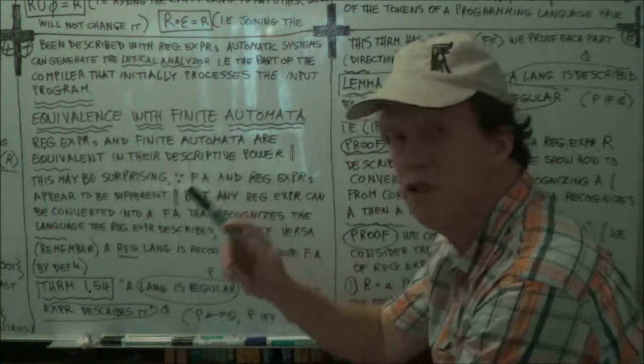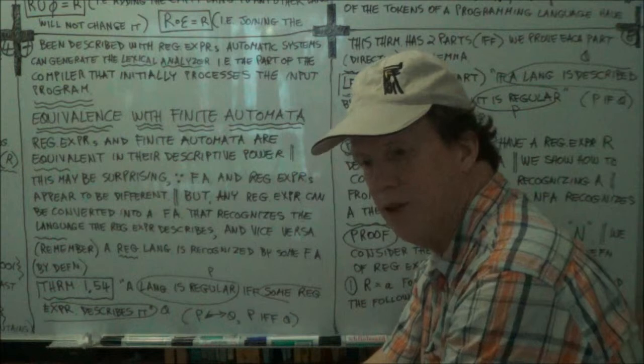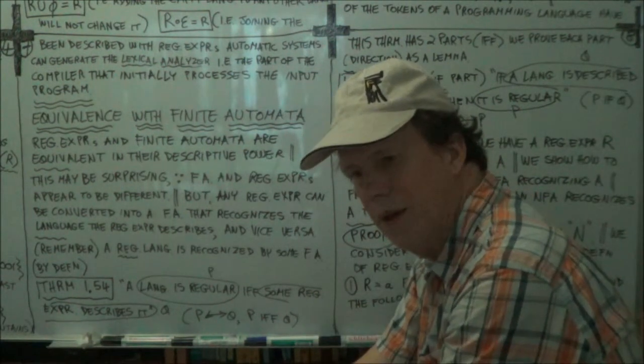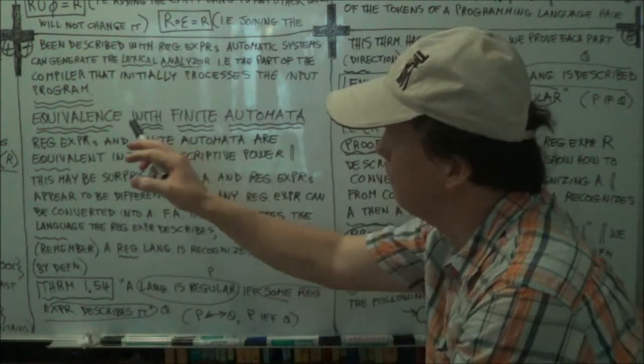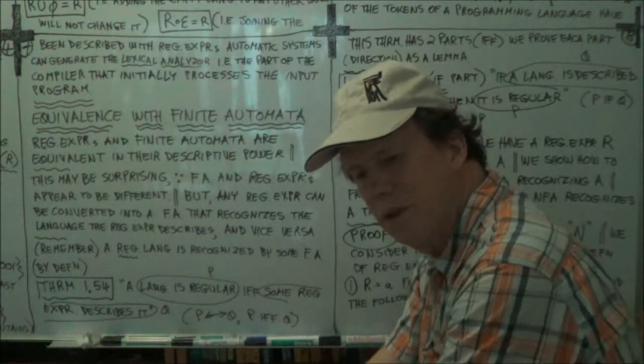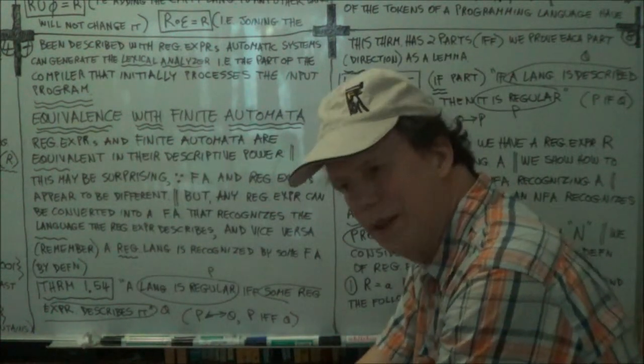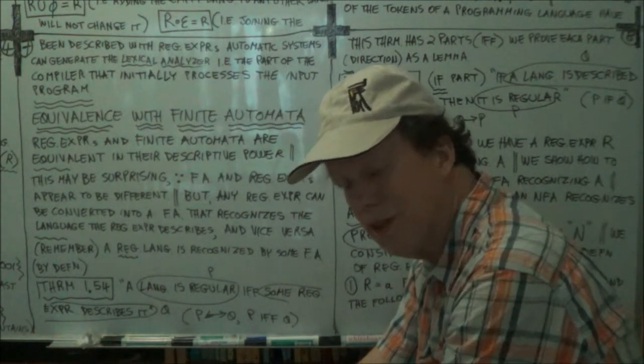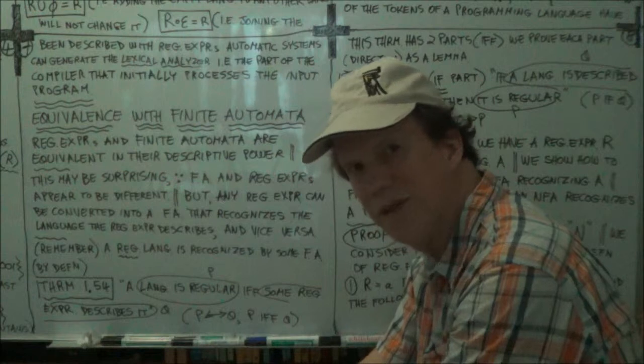Now, a major new topic, and I'll try to justify it, make it plausible to start with, and that is finite automata and regular expressions. They're equivalent, and that may seem a bit surprising because they seem two totally different things.